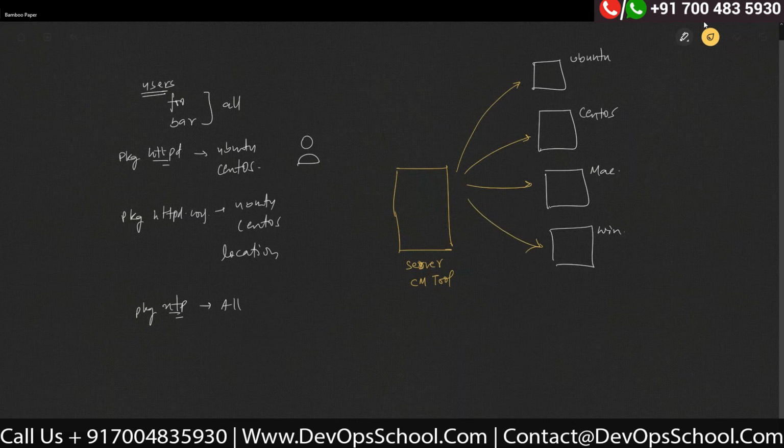Right, now you have a tool and this tool has the capability to configure these servers, and then you feed it your own configuration files. Now in various tools it's called many things. It's called manifests, it's called recipes, it's called playbooks.